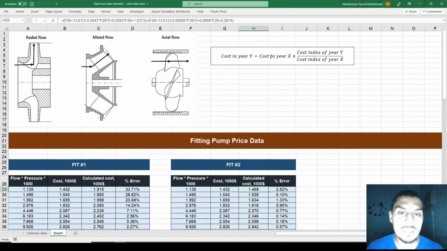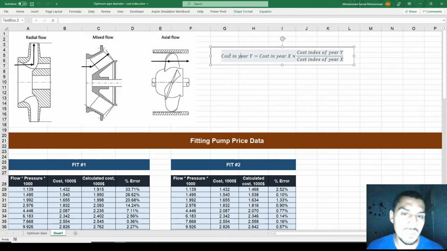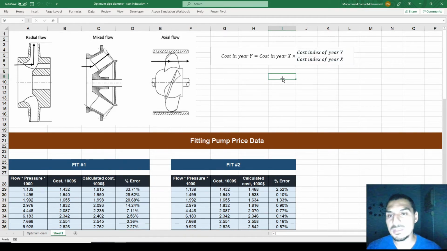Let's say I want to calculate the price of something today in 2021, and I know the cost in 1987, like what we have in this chart. So I multiply it by the cost index of the year 2021 divided by the cost index of the year X, where I know the price. So this is just to take into account the change in prices and to predict the price based on an old price.